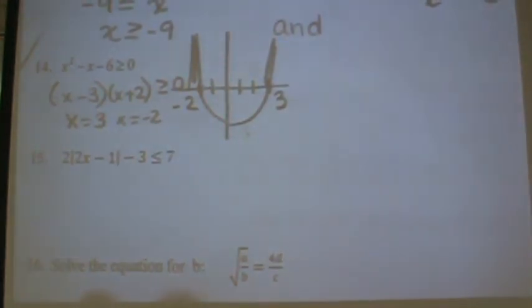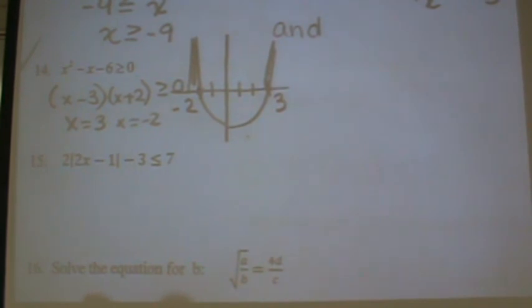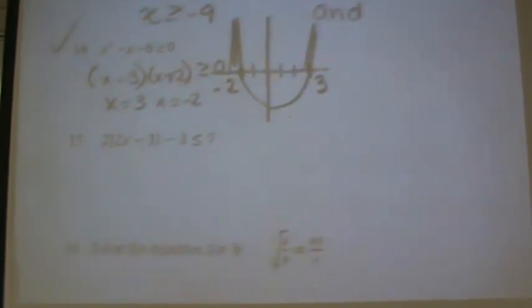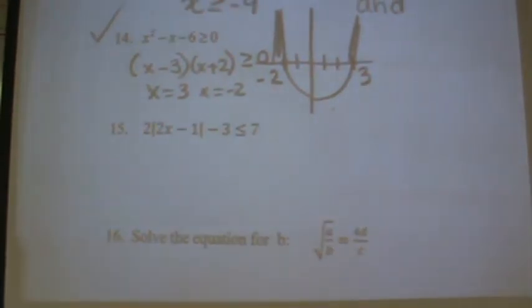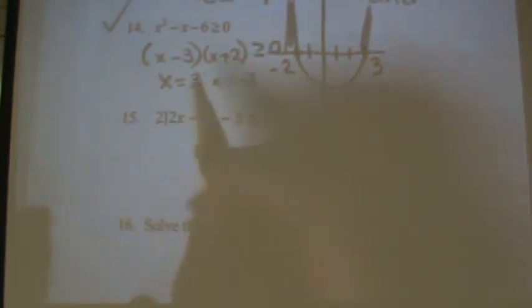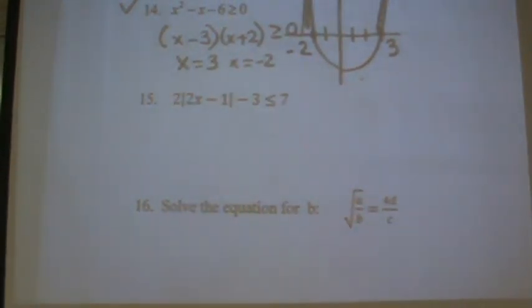This is on your test. And you could type that in your calculator. You could type this one in your calculator. For this one, if you type this in your calculator, what would you get?